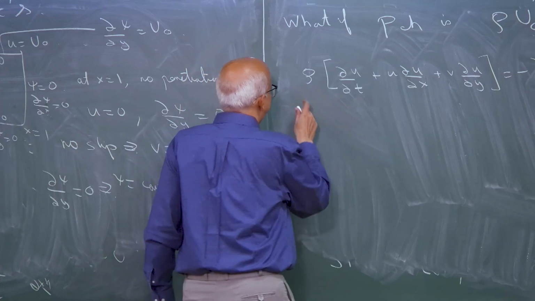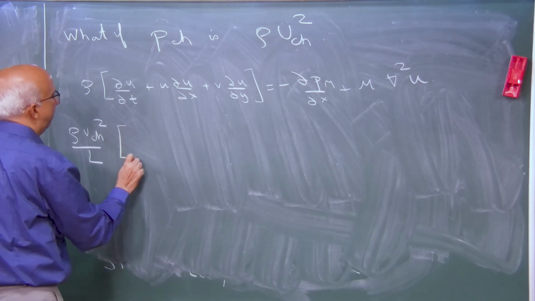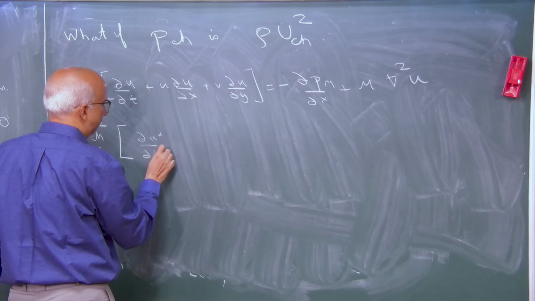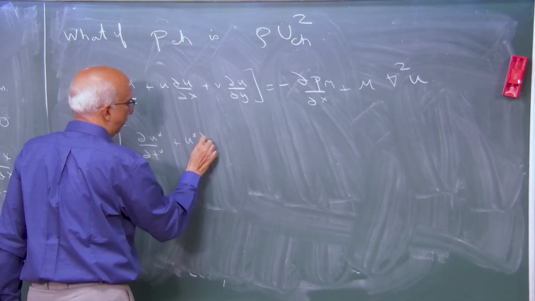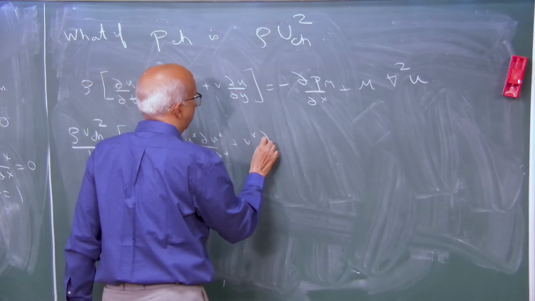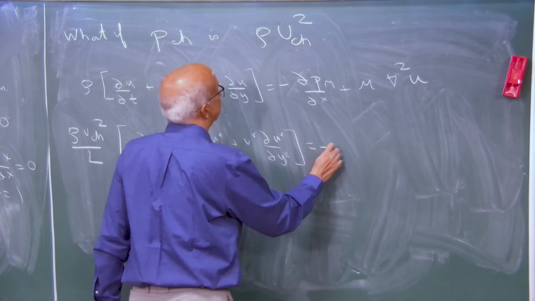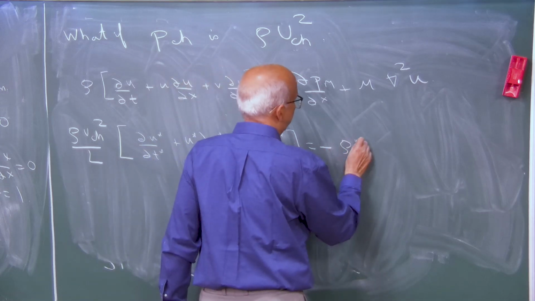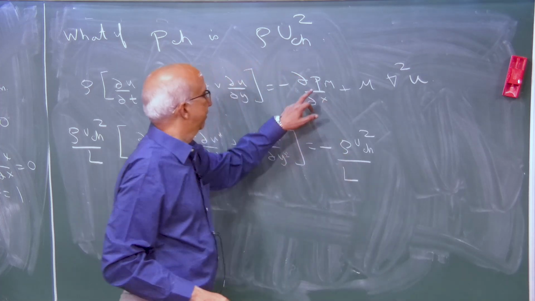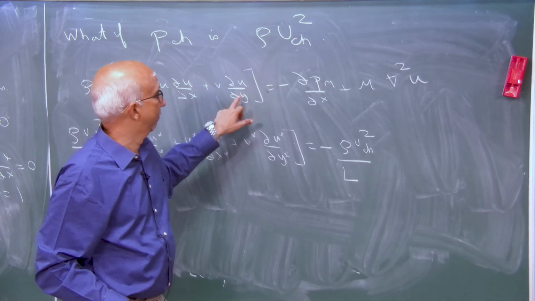So, I will get rho u characteristic squared by L times dy star equals minus rho u characteristic squared by L, because this is going to come out as rho u characteristic squared.